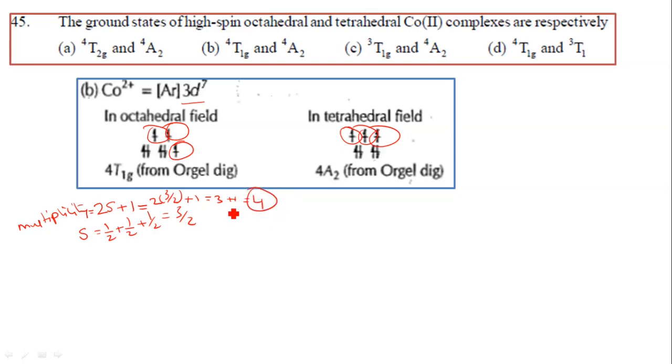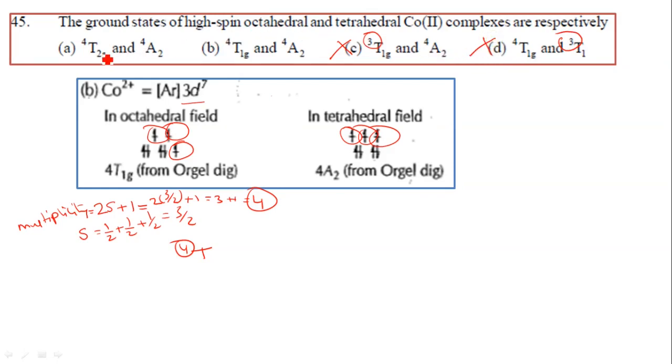So the multiplicity of the term will be 4. Here the multiplicity is 3 in the given option, so this option is ruled out. The multiplicity here also is 3, this is also ruled out.